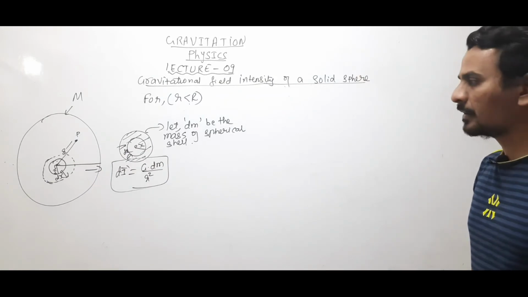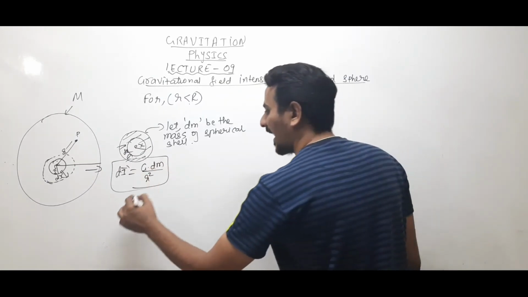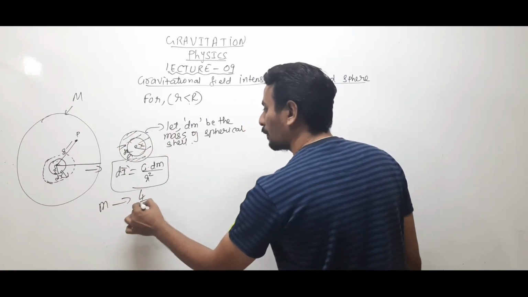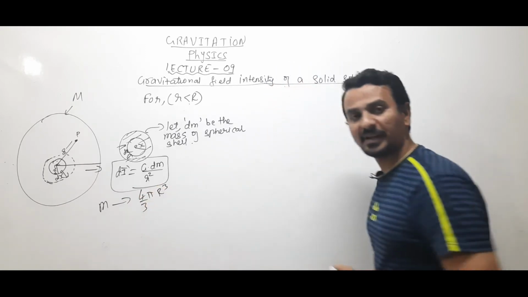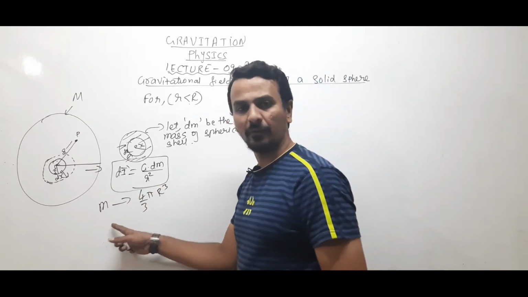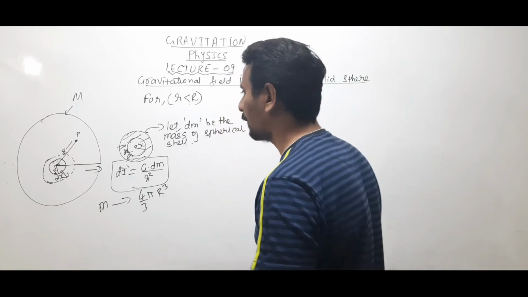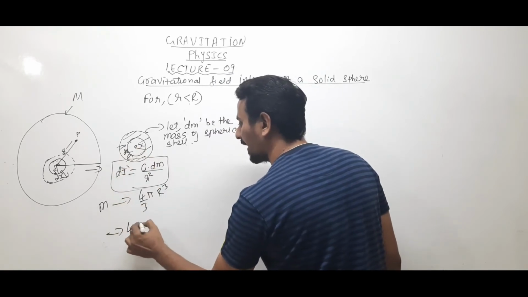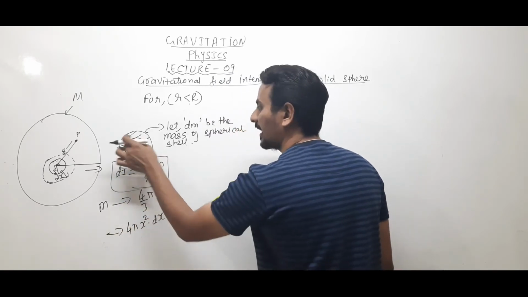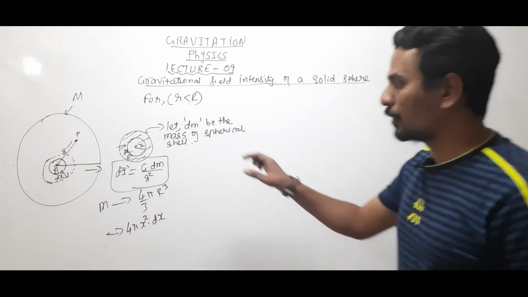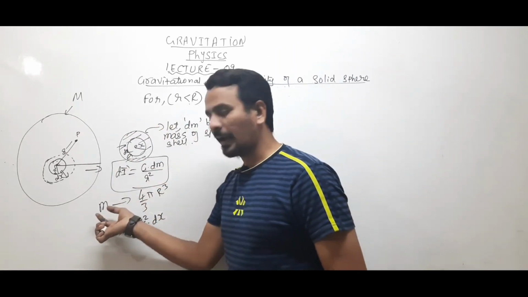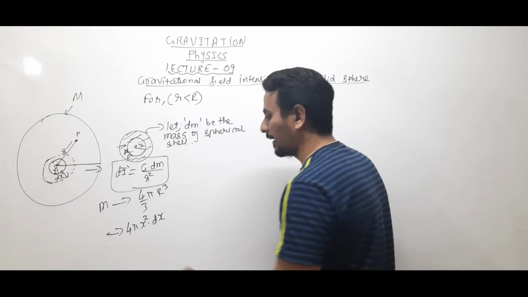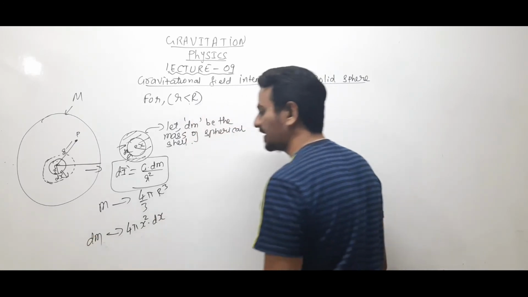by r square. Now, M is the mass of the whole sphere, and the volume of the sphere is 4 by 3 pi R cube. So M is the mass of this much volume. The volume of the shell is 4 pi x square into dx, area into thickness. For this volume the mass of the shell is dm.